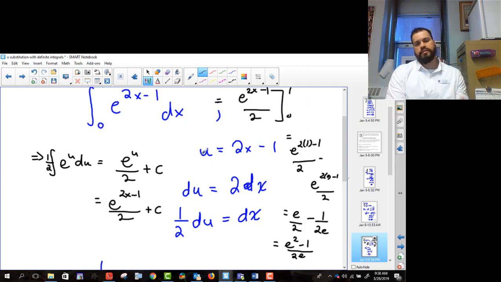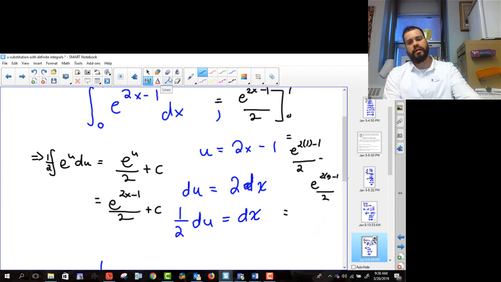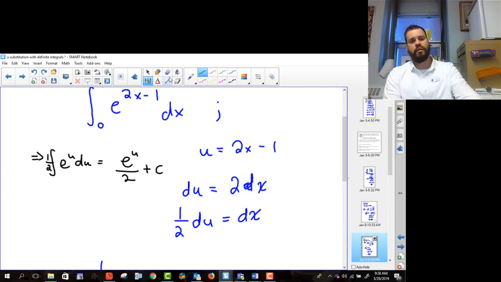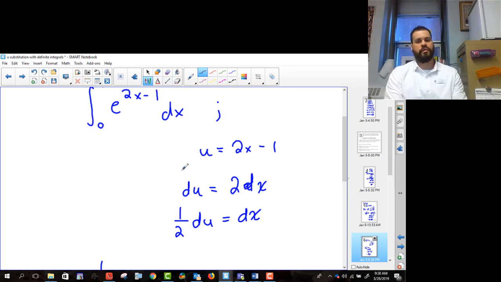The second method is to say, when we make this substitution, what is x and what is then u based on that x? So I'm just going to erase this so I have some room to write. But the second method would say, okay, don't go back to x, but say when x is 0, what's u? So u would become 2 times 0 minus 1.